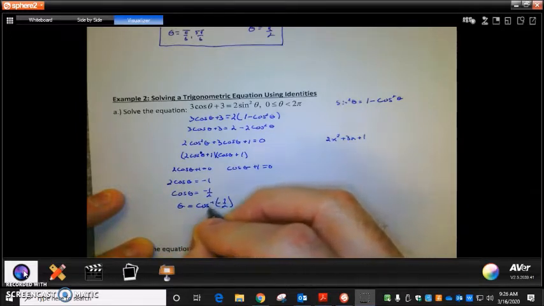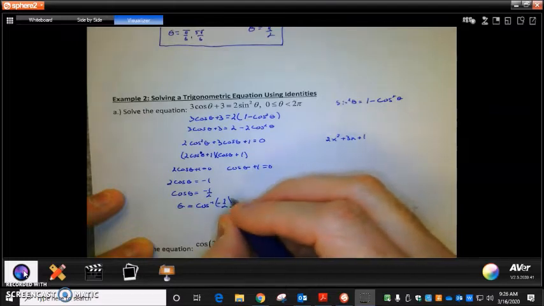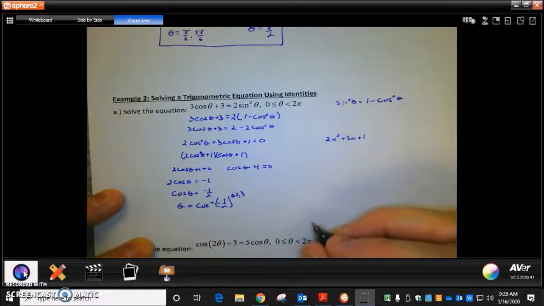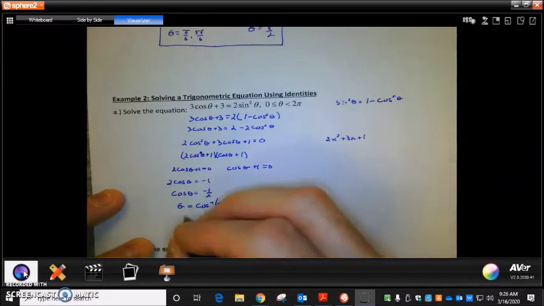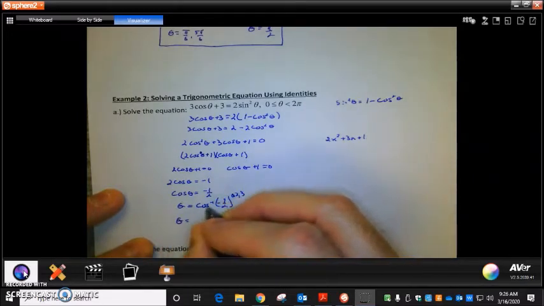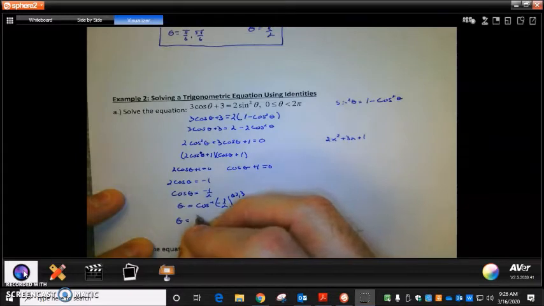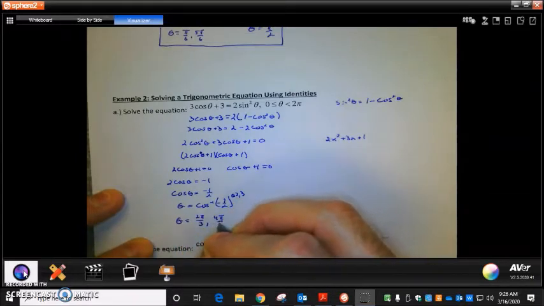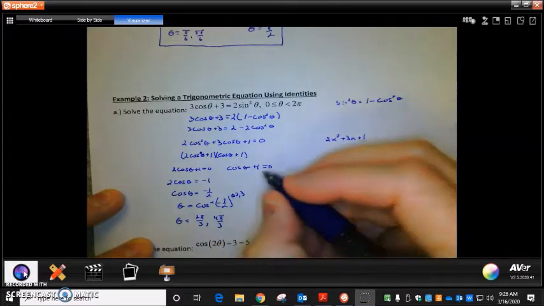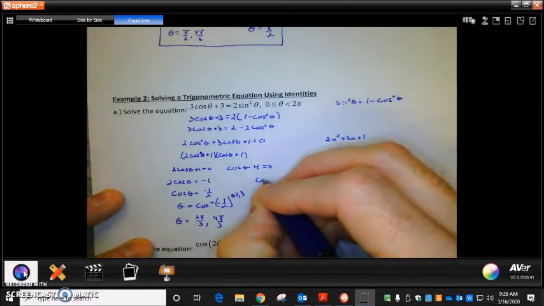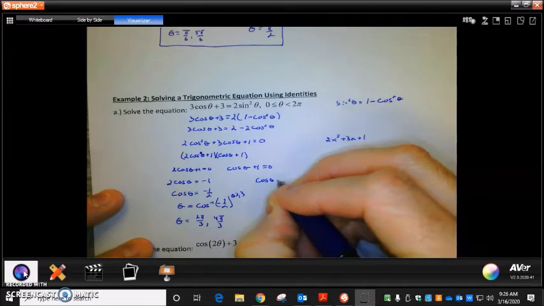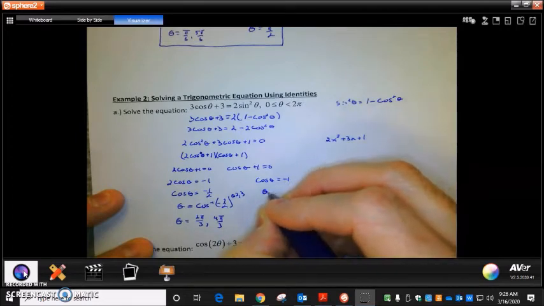So again, cosine is negative in quadrants 2 and 3. When I look at my chart, I'm going to get the angles that are in quadrants 2 and 3 that have cosine values of 1/2. So that's going to be 2 pi over 3 and 4 pi over 3. And then I'm going to come over and solve this one. So cosine theta equals negative 1.